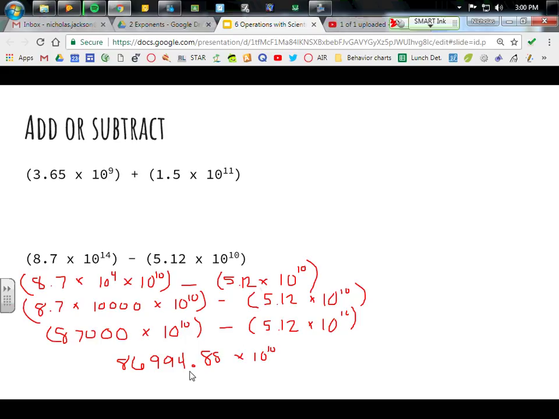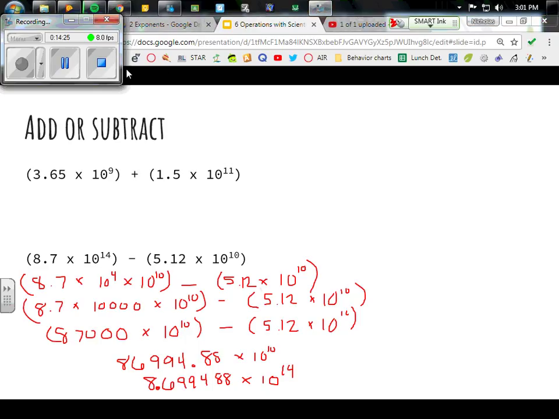We have to move our decimal point 1, 2, 3, 4 spaces, so we have 8.699488 times 10 to the 14th. Okay, that was a lot to take in, but I hope you learned from it.